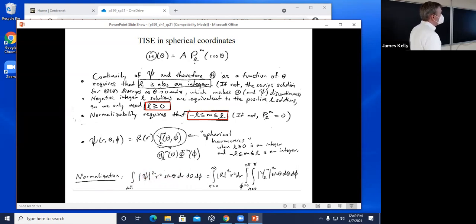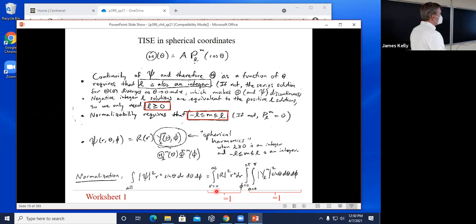By convention, people normalize this function by separately normalizing the radial equation and the spherical harmonics. If I put a constant out in front of Y_L^M and find the constant that makes this integral equal to 1, I would call that a normalized spherical harmonic, and those are conventionally the ones people use.